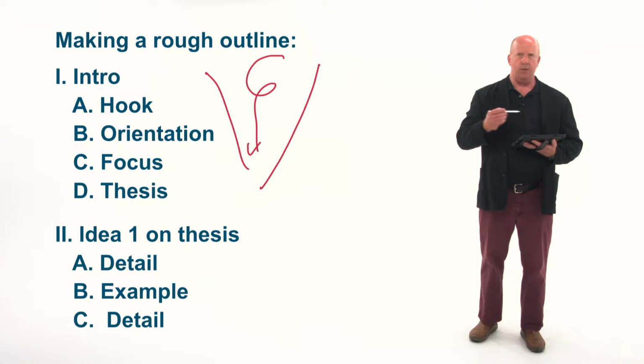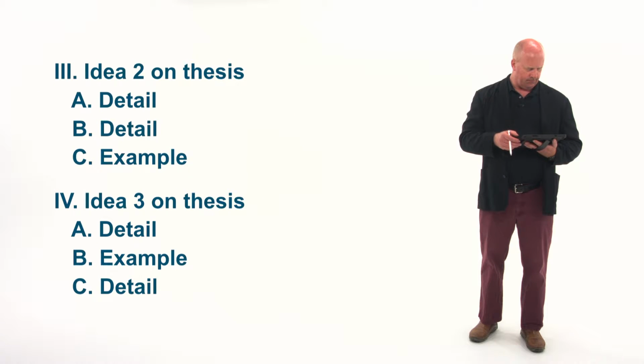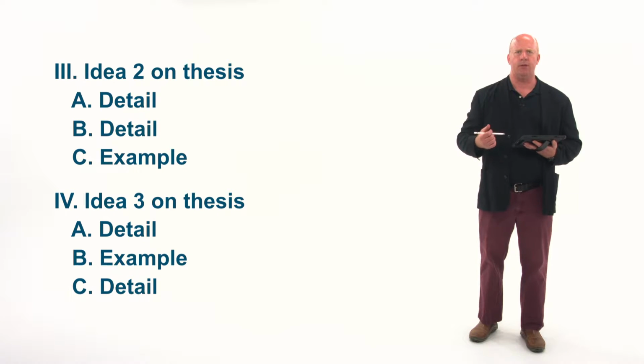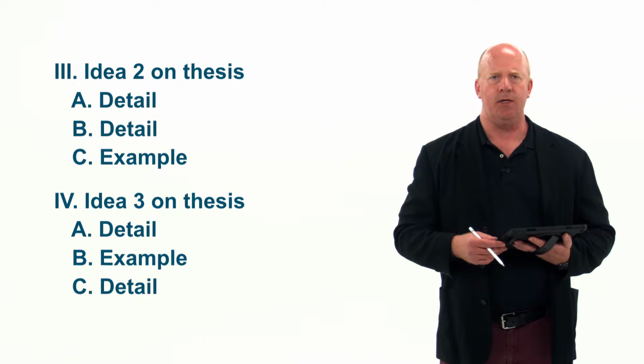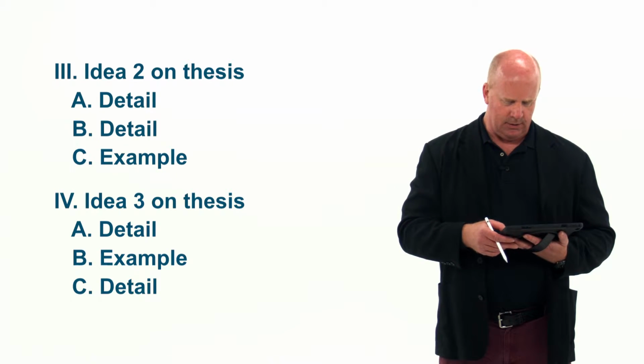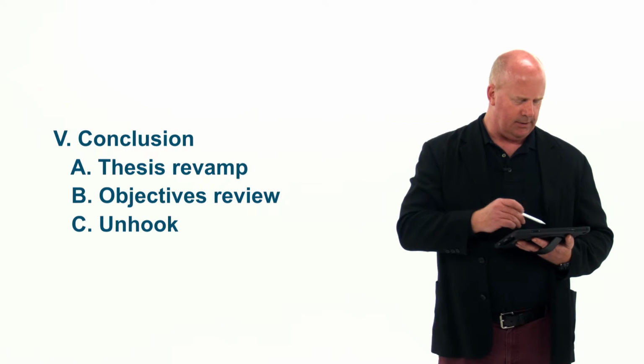So after that, when you get to the second paragraph, you're going to have idea 1 in the thesis, detail, example, detail, and then idea 2 in the thesis, detail, example. I'm giving you a couple of different ways to look at this. And idea 3, all based back to the thesis with detail, example, and a detail. So you can see here that all of these ideas are connected.